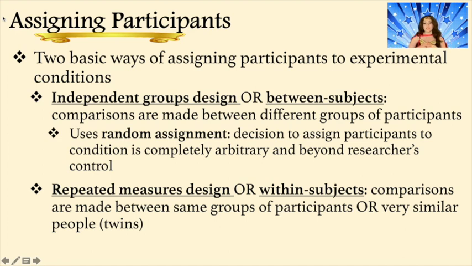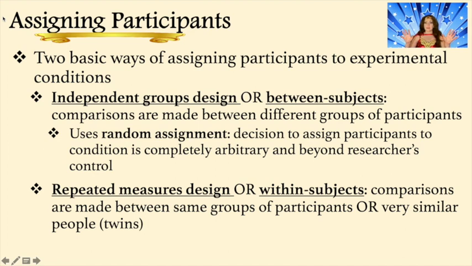The other time that you would use repeated measures or within subjects design is if your participants are very, very similar to each other. So people like identical twins, siblings, families that are very close. And the reason behind this is that the variance, right, the chances of them being super different are going to be smaller because they're already so close, right? They're used to spending a lot of time together. They have similar attitudes and beliefs, etc. And this will cause them to perform similarly on any type of measure of a dependent variable.